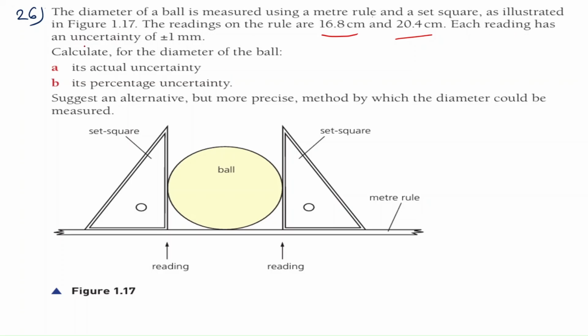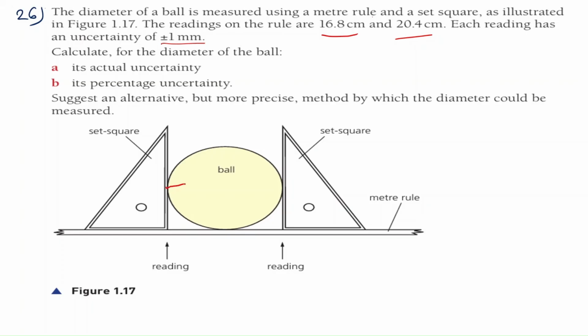Each reading has an uncertainty of 1 mm, so you have to consider the uncertainty as well. Now, calculate the diameter of the ball, its actual uncertainty, and second, its percentage uncertainty.